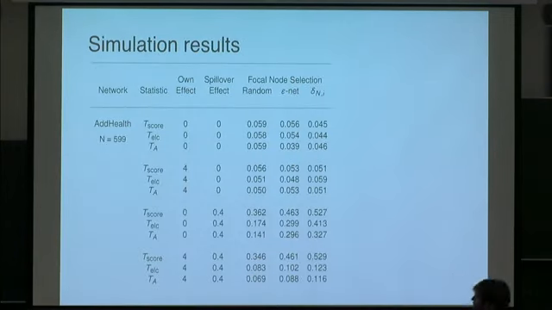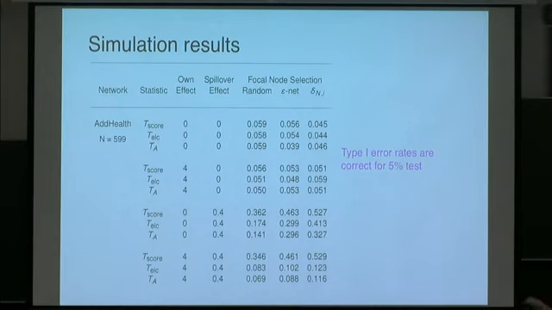So we did a bunch of simulations looking at just a particular add health network with different test statistics, different direct effects and spillover effects, and these different ways of selecting the focal nodes. One thing that's good is that even when there's a direct effect, as long as the spillover effect is 0, we have the correct type 1 error rates. So the size of the test is correct.